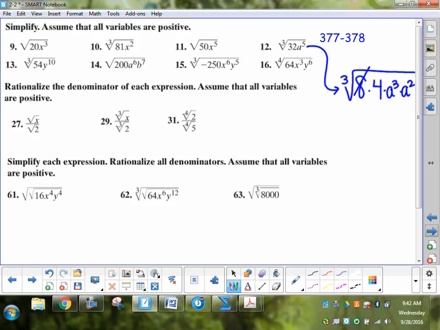And what's the cube root of 8? What's the cube root of a to the 3rd? So that's 2a, and then in the radicand, I still have 4a squared. Those are perfect squares. Does that matter? No. Why? It's a cube root.